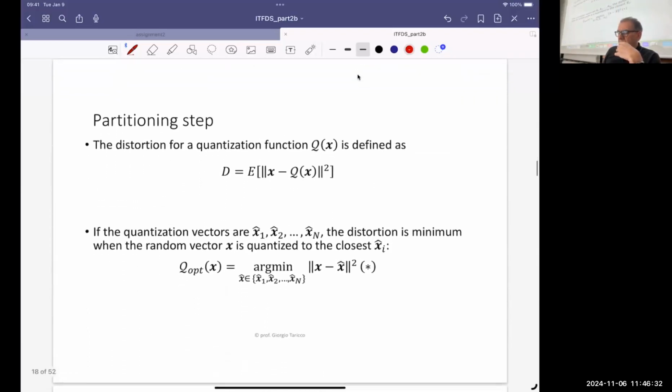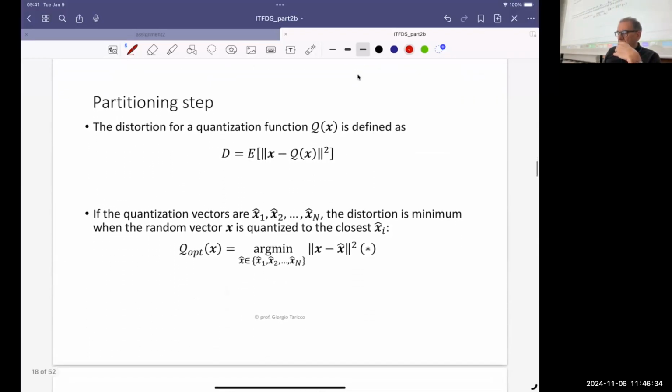But let's go to the substance of the algorithm. Again, we consider the quadratic distortion function, that this time is written in a slightly different way to emphasize the fact that we have a function that we call the quantization function.